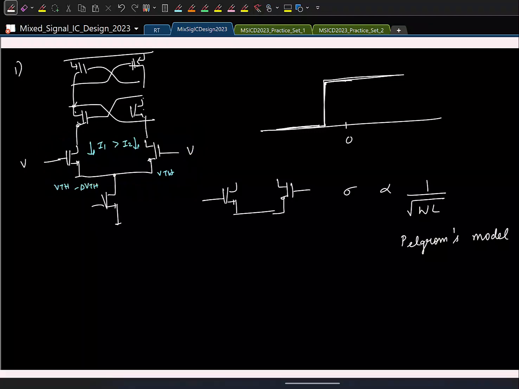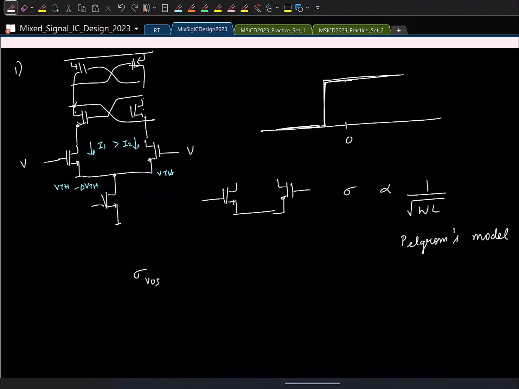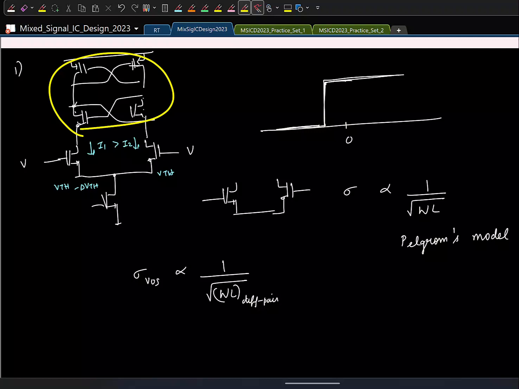So if you look at the standard deviation of this offset for the StrongARM latch, it will be inversely proportional to the square root of the area of the diff pair. This is an approximation because I'm ignoring the offsets of these, which are negligible. To a large extent, the offset will be dependent only on these devices, right? So this should give one starting point.